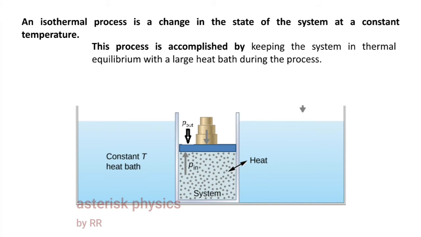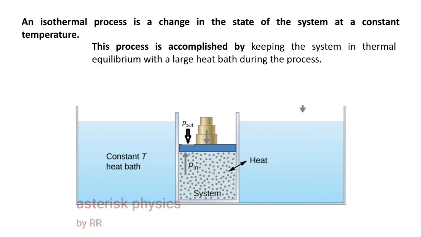Since the piston is freely movable, the pressure inside, that is P in, is balanced by the pressure outside, that is P out, by some weights on the piston. Now the system is in thermal equilibrium, mechanical equilibrium, and chemical equilibrium. Or we can say that the system is in thermodynamic equilibrium.